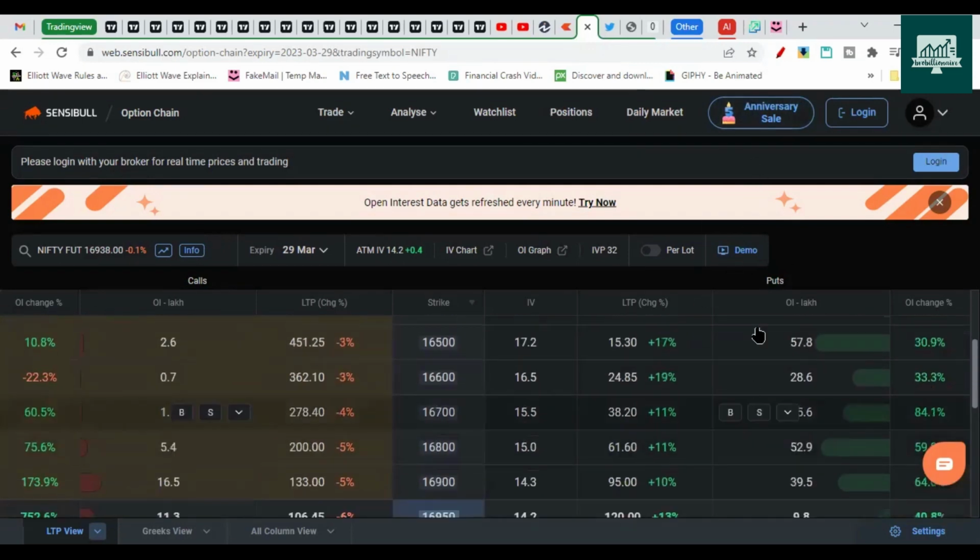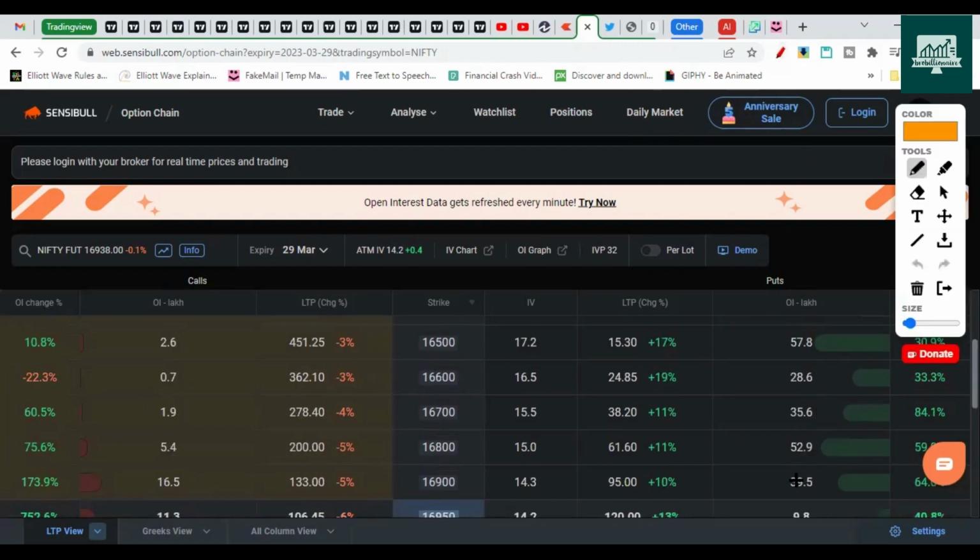And on the downside, what is the support level? The second major support is at 16,800. Though by a smaller margin, we have one more very close support at 16,800. You can see that on the price chart as well, right? Similar thing is shown by the option chain at 16,800, and next we have 16,500.